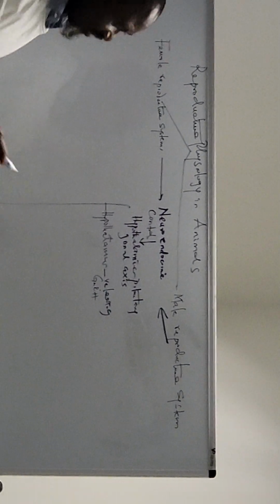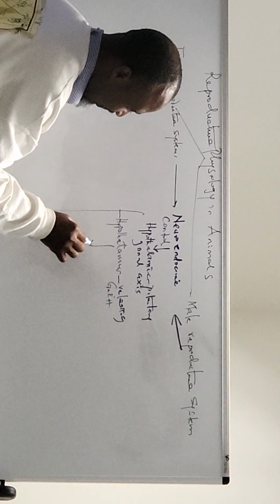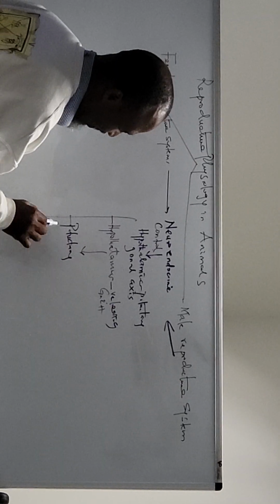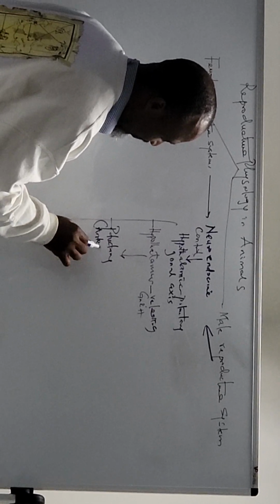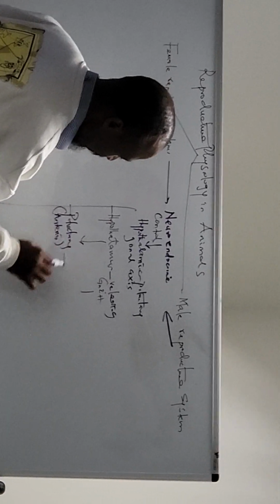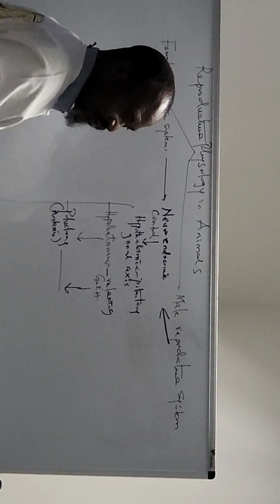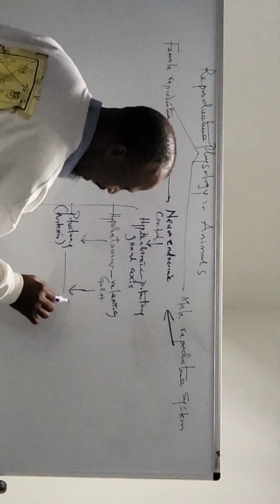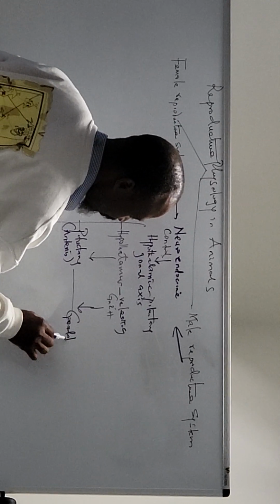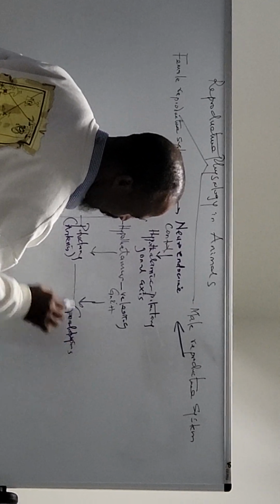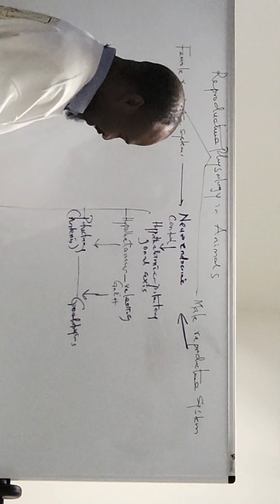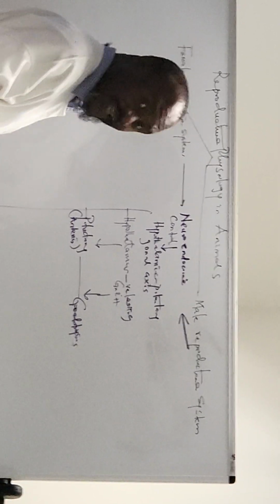This will now act on the pituitary, especially the anterior pituitary, to produce the gonadotrophins, which in this case will be FSH and LH.